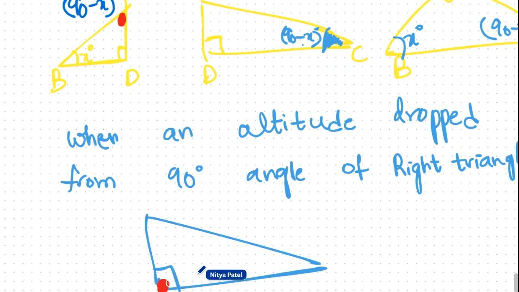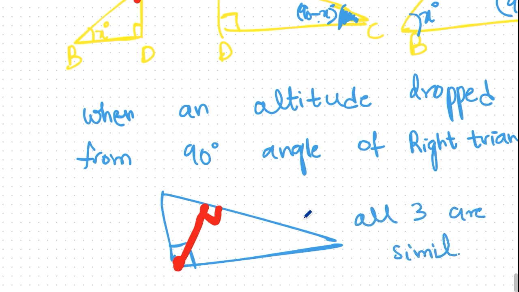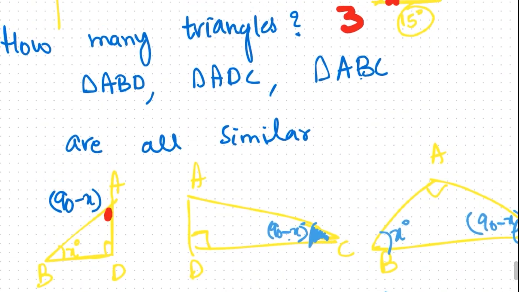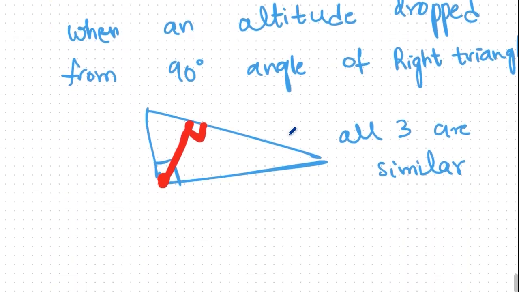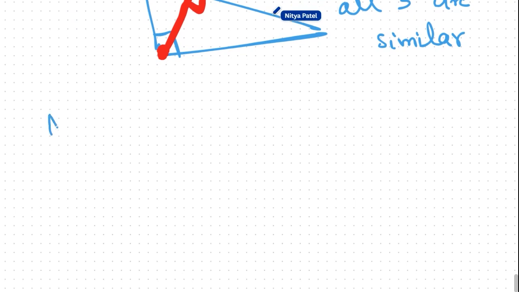If I drop an altitude, straight down like the height of the triangle, and split it like this, they are all similar. This is the concept. So this is about angles.